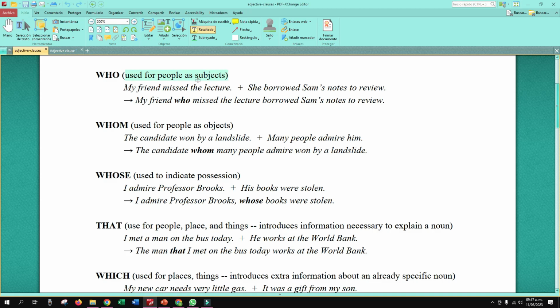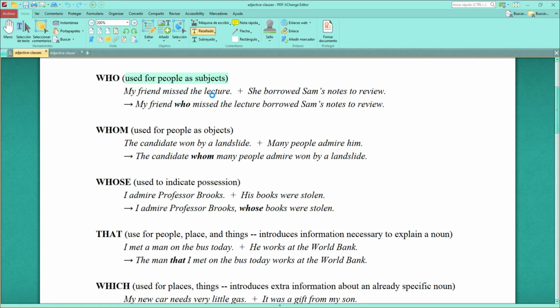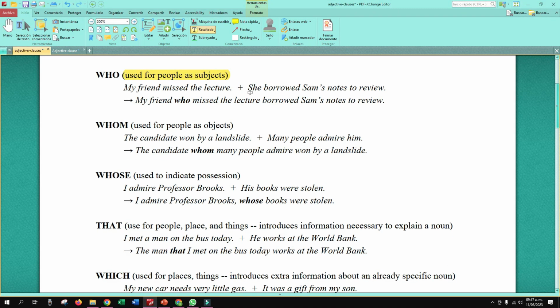people as subjects. So, my friend missed the lecture. Plus, she borrowed Sam's notes to review. You have there two sentences. First, my friend missed the lecture. Then she borrowed some notes to review. So, use who for people.